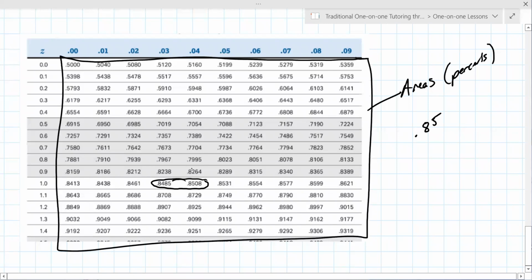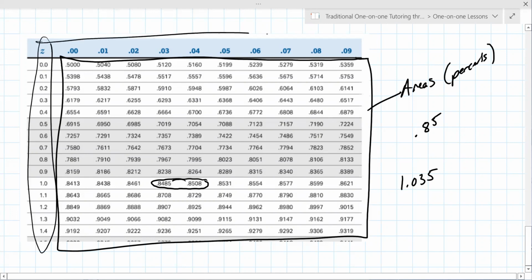Now, what some students do is they estimate, but it doesn't really matter because you're going to get close enough. We'll call it 1.035, right in the middle. So that's your Z. The Z's are along the column and the row. So what does that mean?